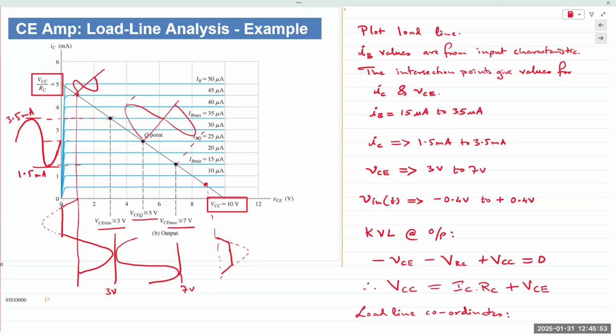The Q point is now shifted up or down. So DC bias remains constant, but that DC bias plus the AC voltage that's arriving is shifting the Q point up or down the load line. So in a way, yes, we can state that the bias of the transistor is changing. But technically, we would say DC bias simply means the DC voltage that's being applied.